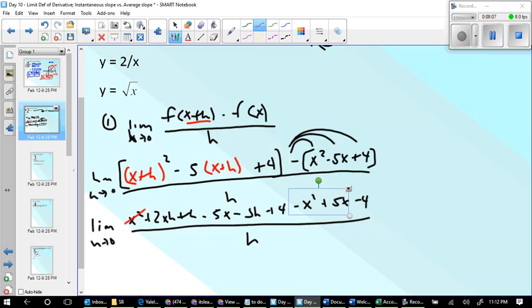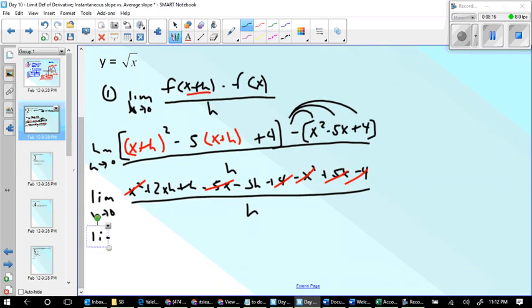And that will allow me to cancel x squared, to cancel 5x, and to cancel the 4. So that leaves me with limit as h is approaching 0 of, let's see, 2xh plus h squared minus 5h, and that's it. Everything else is gone, all over h.